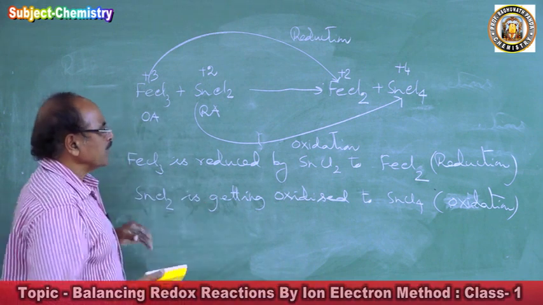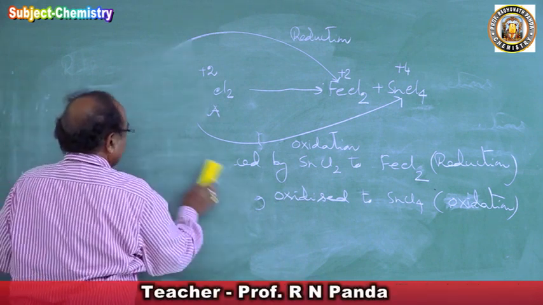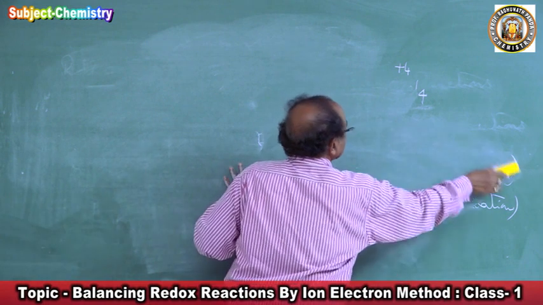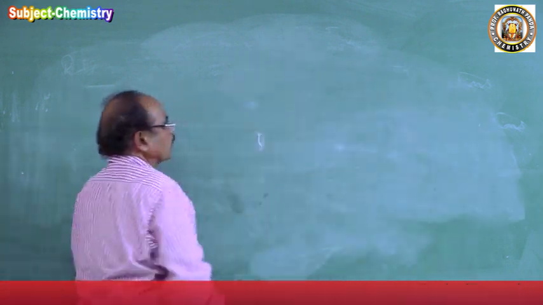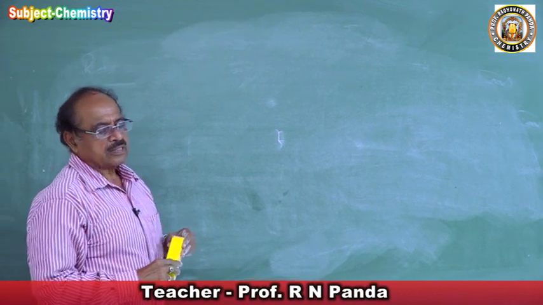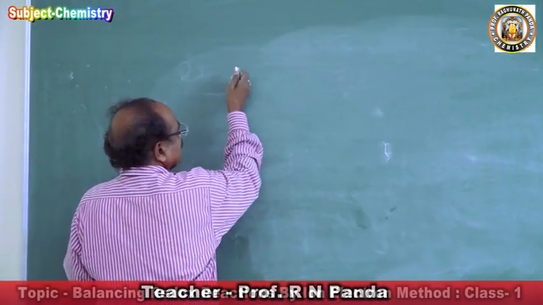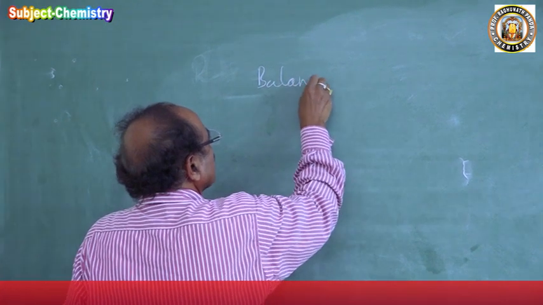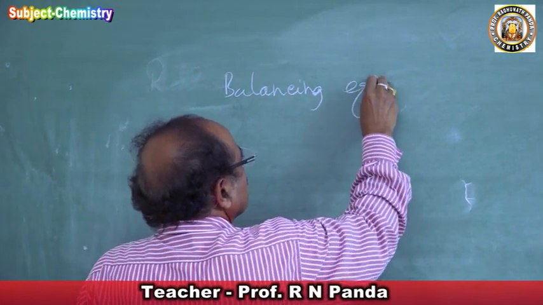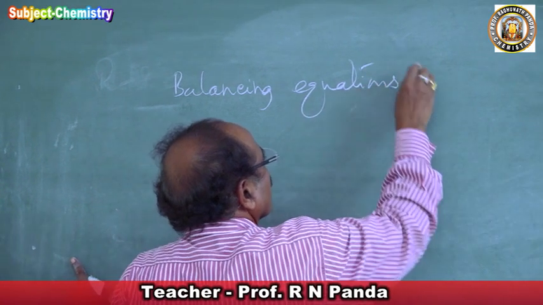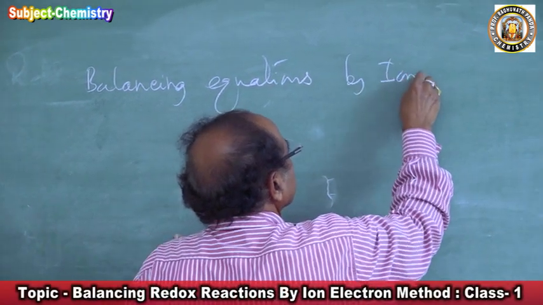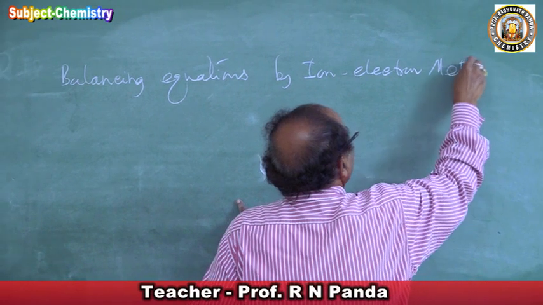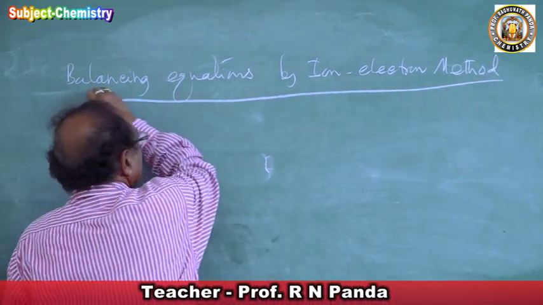Generally all redox reactions are balanced by the ion electron method. My question is: why do we attempt balancing redox reactions by the ion electron method?